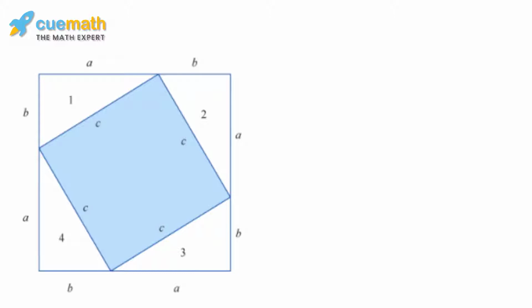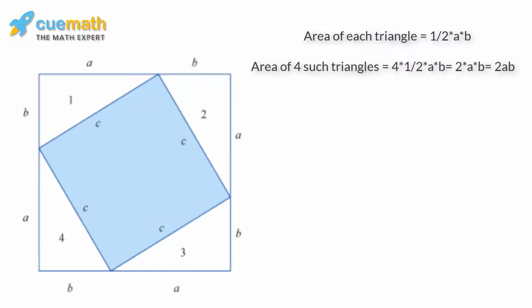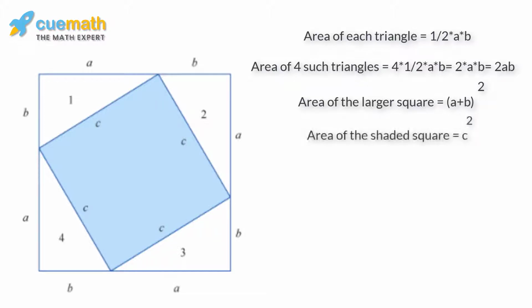Now, to find the area of one triangle, we know the formula is half times base times height, where in this case the base is A and the height is B. So the area of each triangle would be half times A times B, and the total area of all four triangles is 4 times half times A times B, which is equal to 2AB.